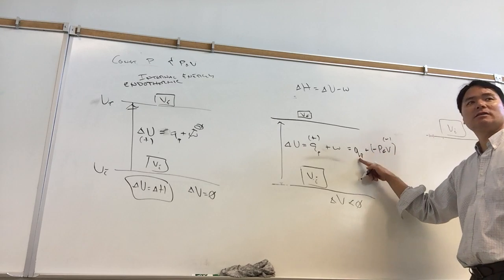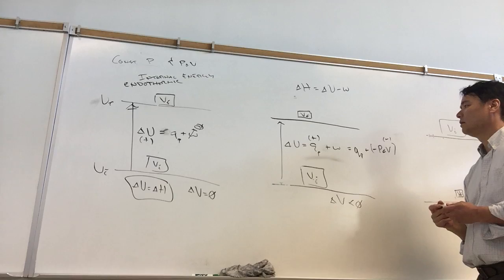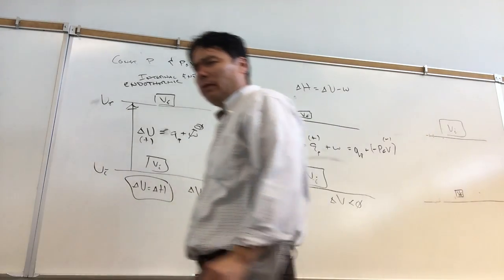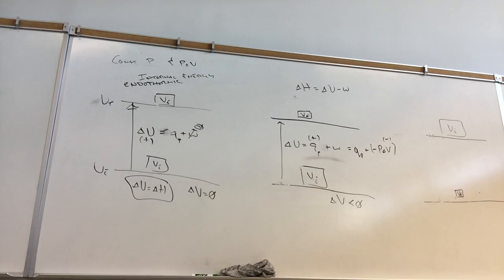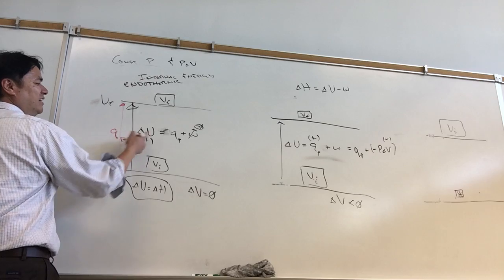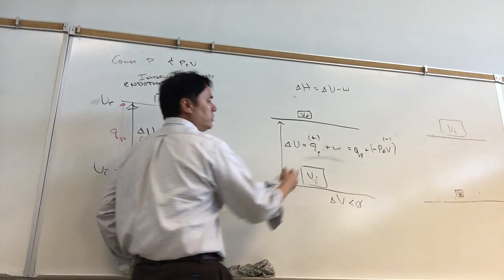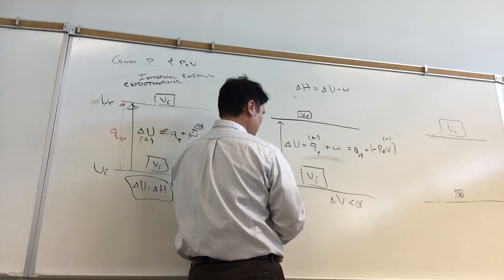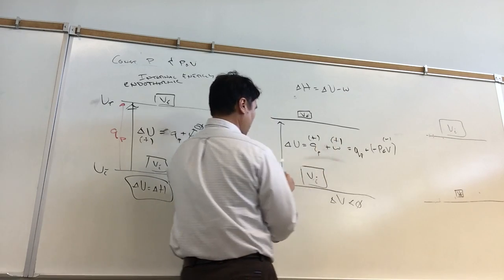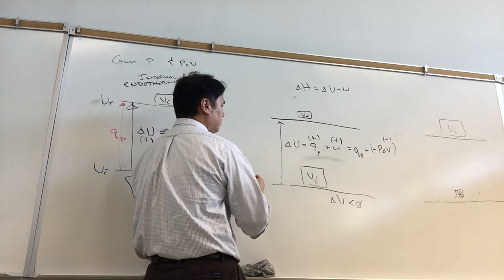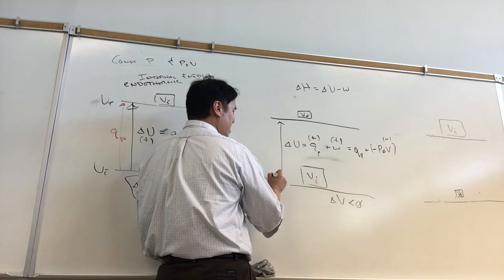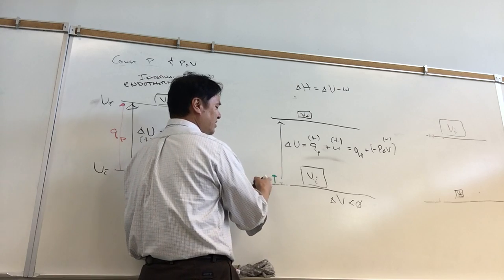A positive plus a positive means this. Okay, so here is QP. QP and delta U are the same thing. Now here, the work is going to be positive. And so both the heat and the work are positive. And so that means that the surroundings does some work on the system. The system gains energy.